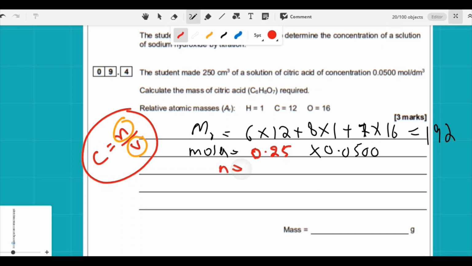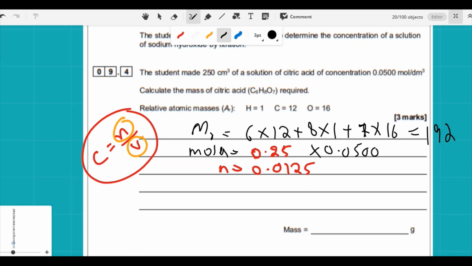So n is equal to 0.25 times 0.0500, so that equals 0.0125. Alright, so that is our moles.